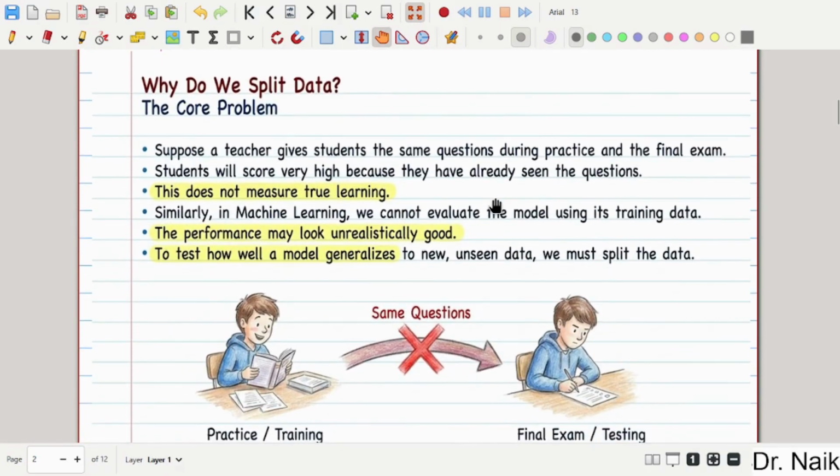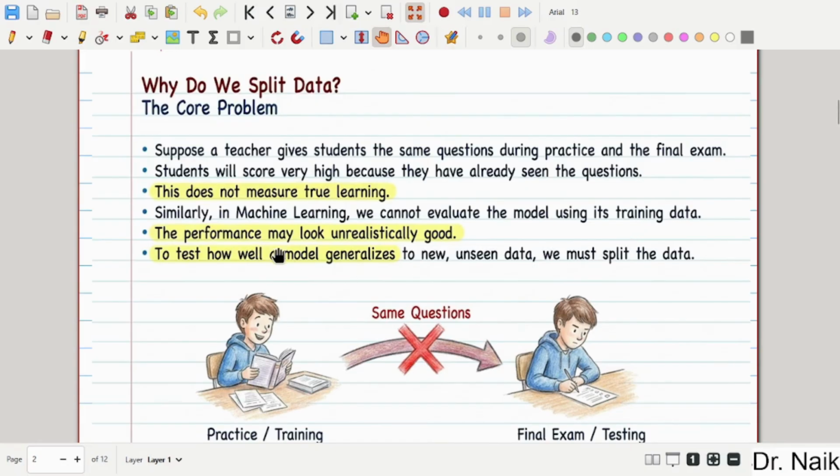Why do we split the data? Suppose a teacher gives a student the same questions during the practice and the final exam. The student will score very high because they have already seen the questions. So this does not measure true learning. Similarly, in machine learning, we cannot evaluate the model using its training data.